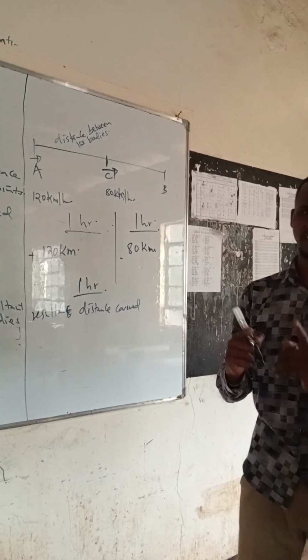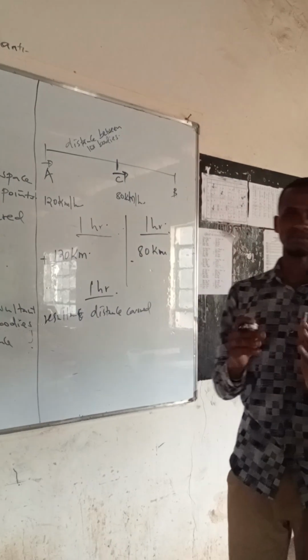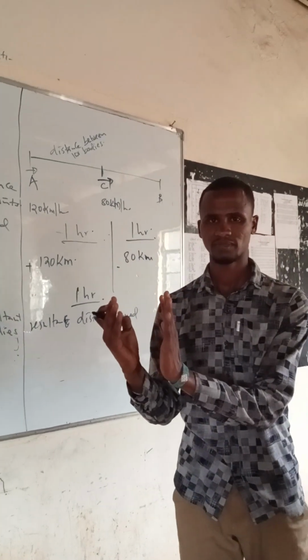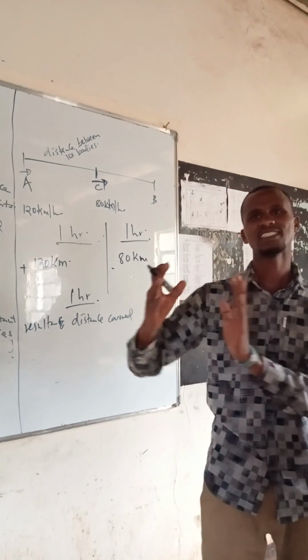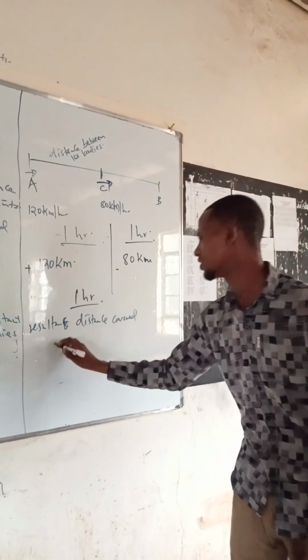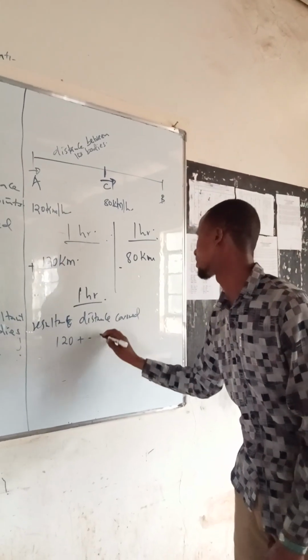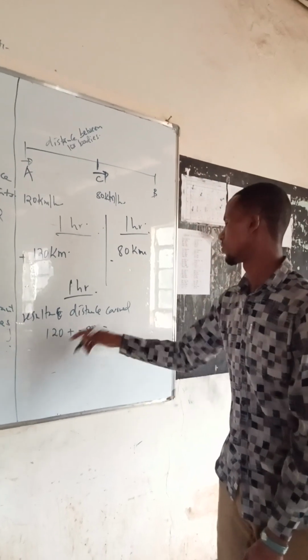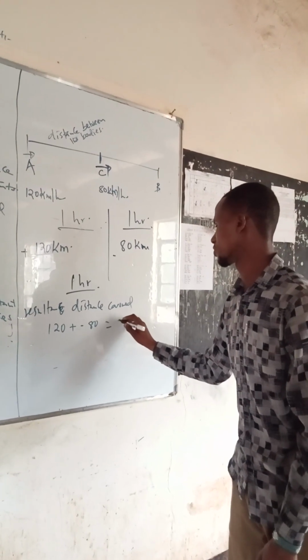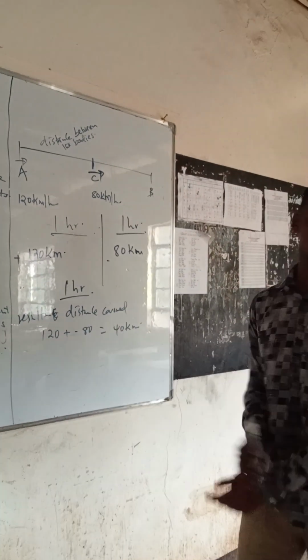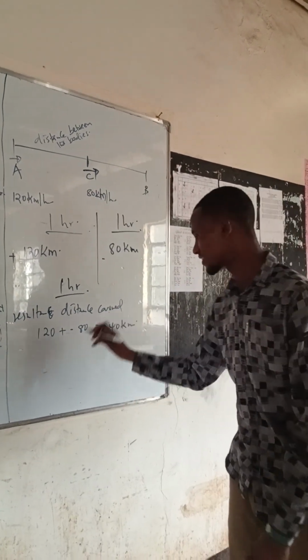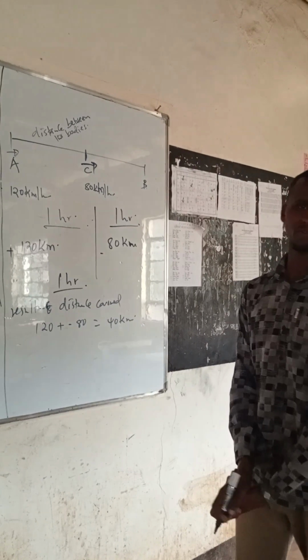If it is positive, then the gap has reduced in 1 hour. If it is negative, then it has increased. So it will be 120 plus negative 80, which is equal to 40 kilometers. You can see this is positive. So in 1 hour, the distance covered is 40 kilometers.